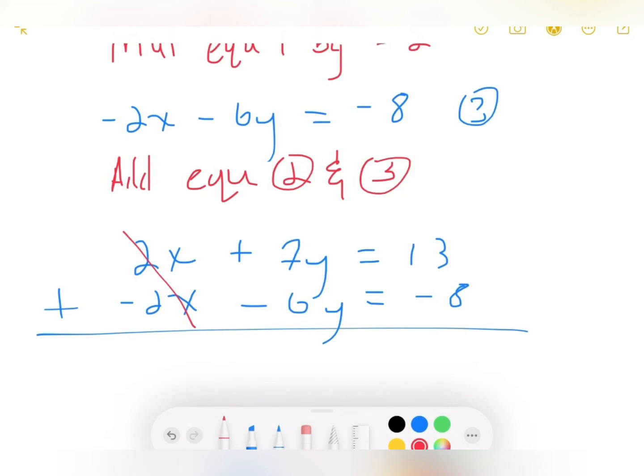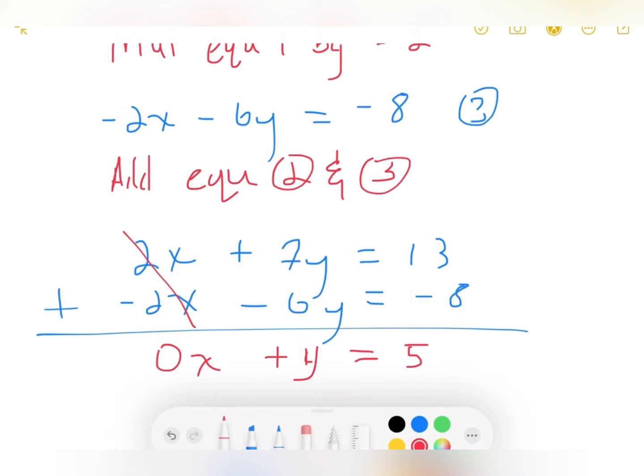So we're left with 0x and 7y minus 6y. Even though there's an addition sign here, because there's a negative 6, it's like subtracting. So 7 minus 6 would be 1. So let's write it as y instead of writing 1y. So this would be plus y, and this now will be equal to 5.